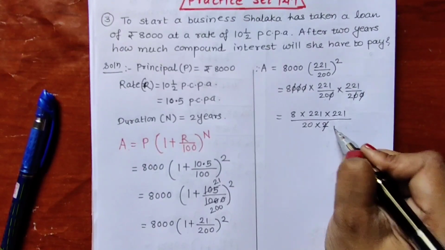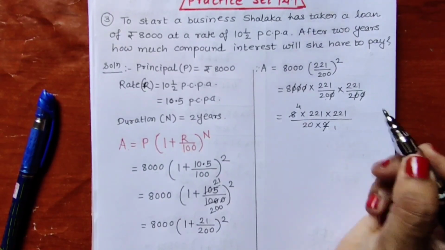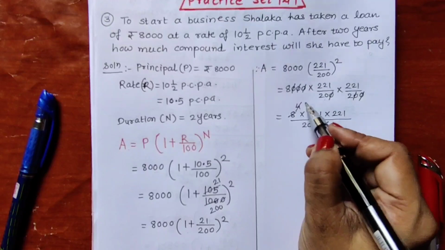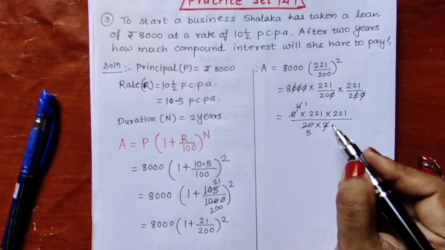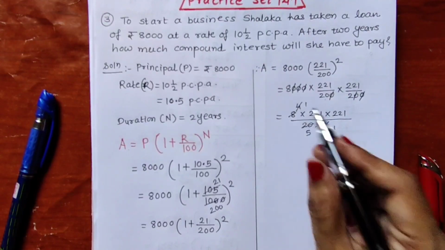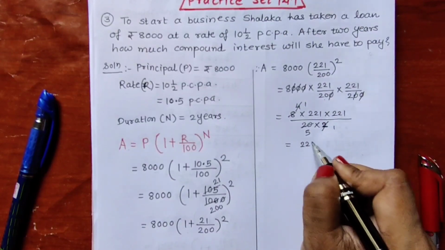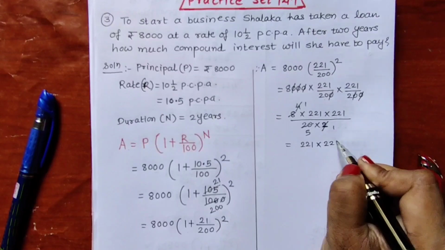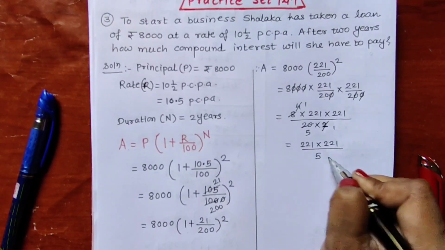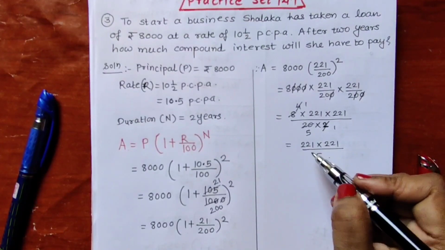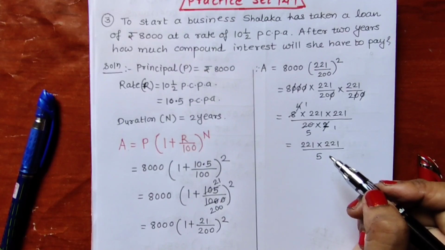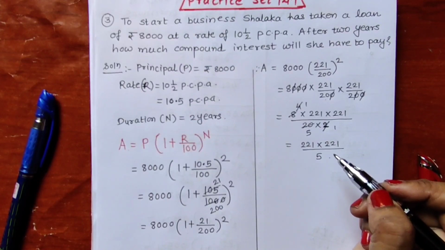So we cancel this. 2 1s are 2, 2 4s are 8. And then 4 1s are 4, 4 5s are 20. So we will be getting 221 multiplied by 221 upon 5. Now let us multiply 221 into 221 and then we will divide it by 5.